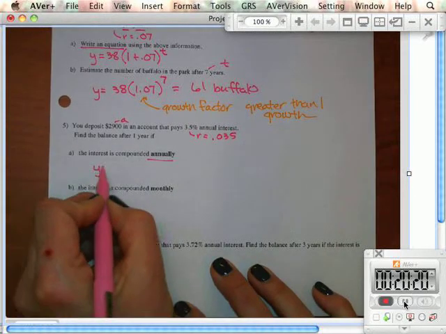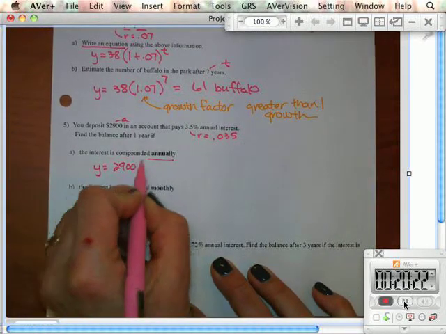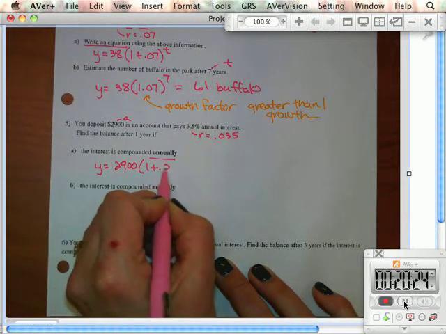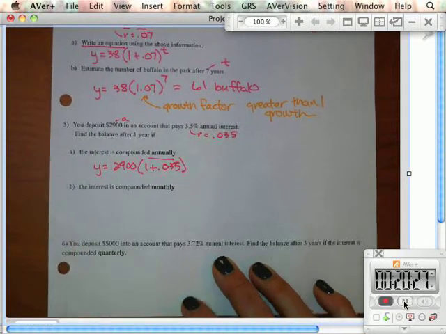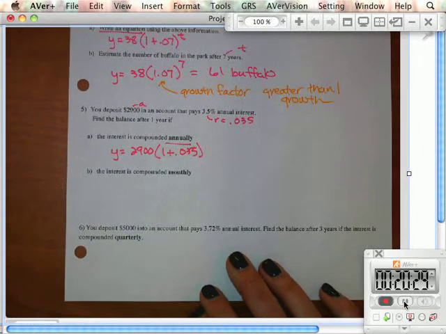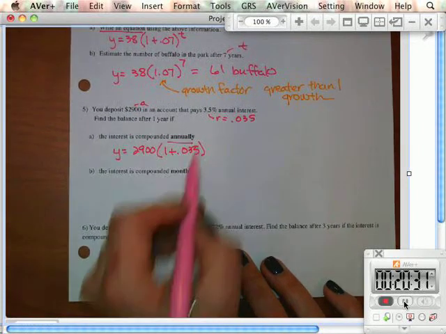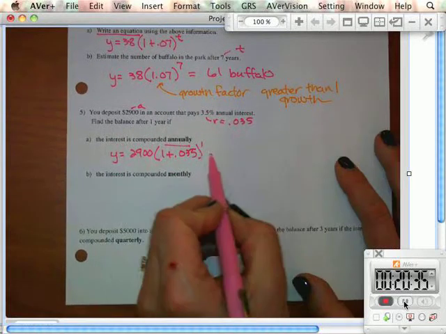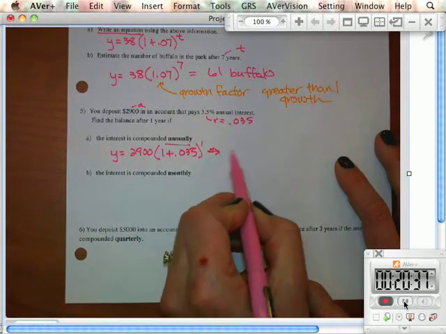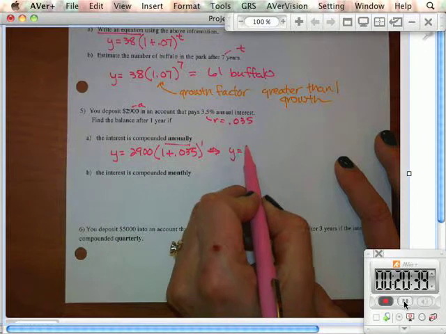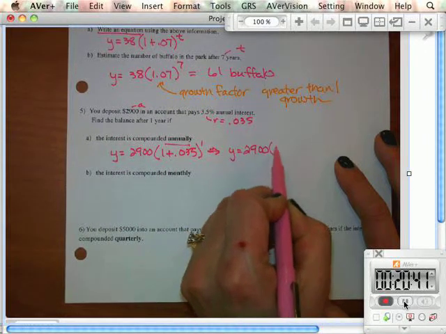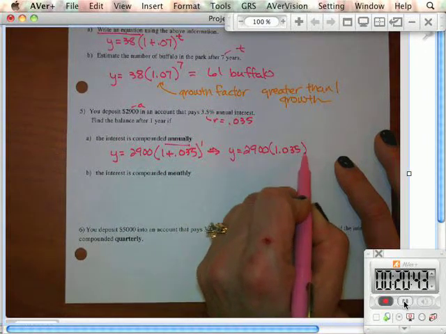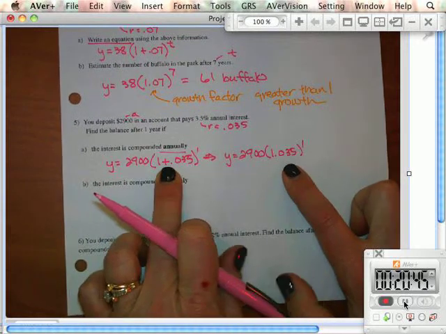Y equals my starting amount times 1 plus my rate. And I'm only going to see how much it is for 1 year. So just for the heck of it, I'm going to write it like this because I want you to see that. These are the same. Sometimes that confuses people.